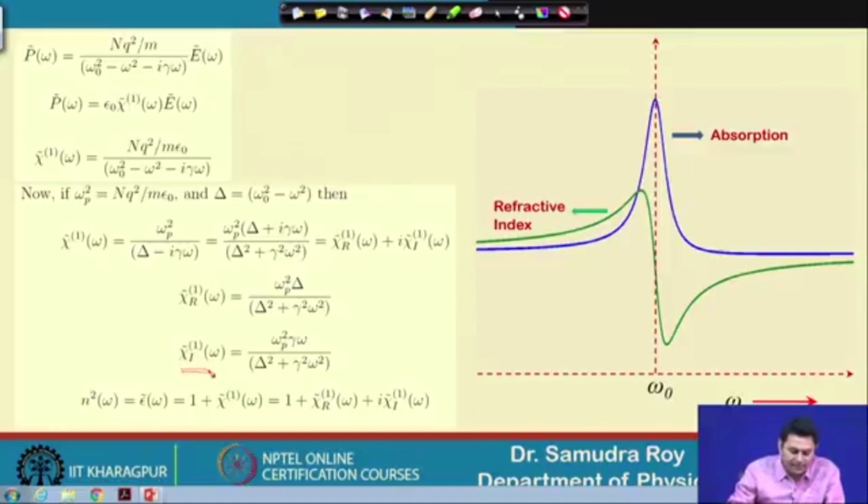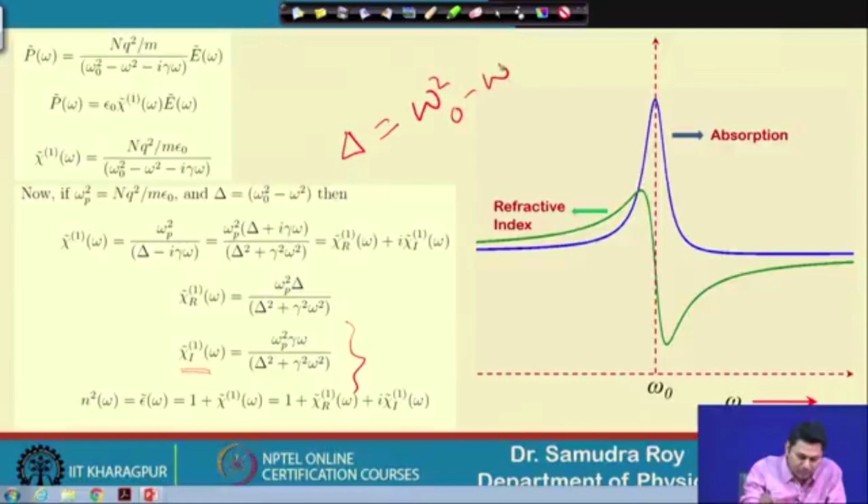If I plot that, we will find some sort of expression which we call the Lorentzian expression, because if I increase omega, there is a value of omega where the delta function will vanish, and this delta is related to omega, like omega 0 square minus omega square.